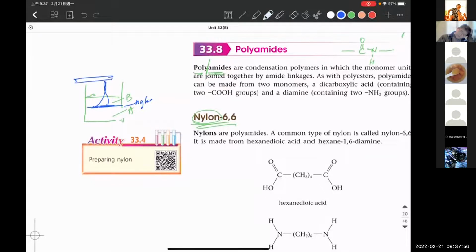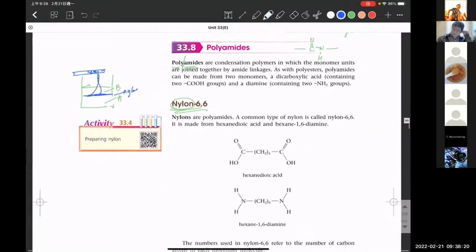You may pick it up and try to turn it to form the nylon. As long as you remove the layer of nylon, the two chemicals meet again and continuously form the nylon. So this is a very funny experiment about the making of nylon.